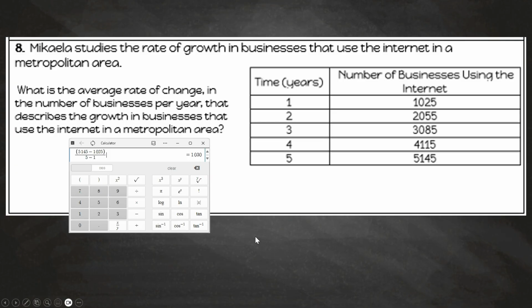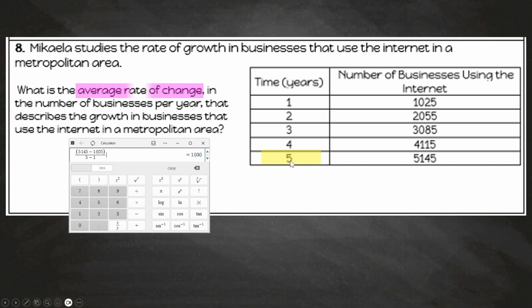All right, Michaela studies the rate of change for growth in a business that uses the internet in the metropolitan area. I already accidentally left this calculator here. So clearly what we're going to be doing is calculating, again, our average rate of change or our slope, because it says what is the average rate of change in the number of businesses per year.